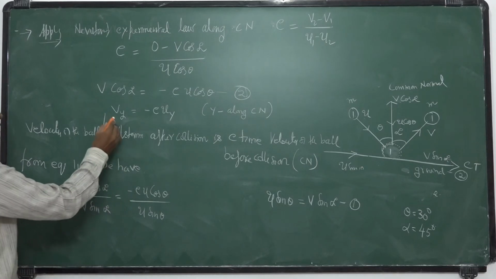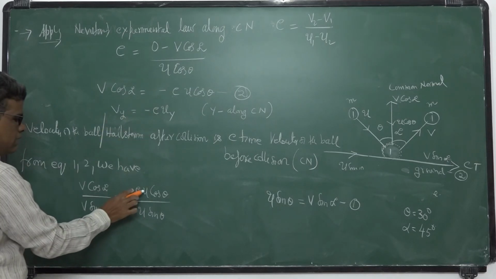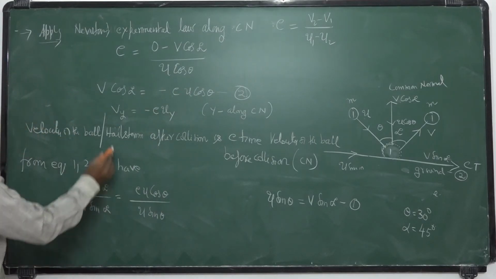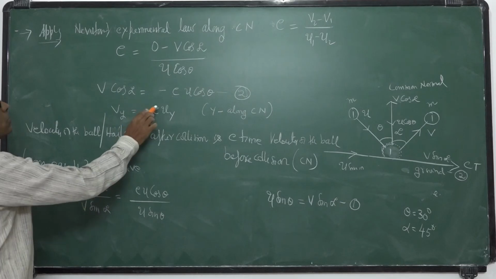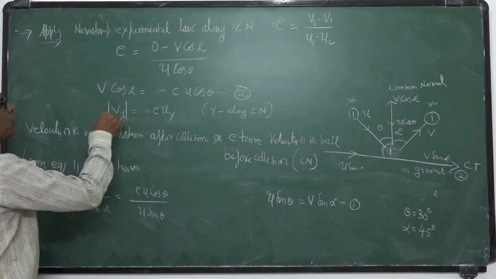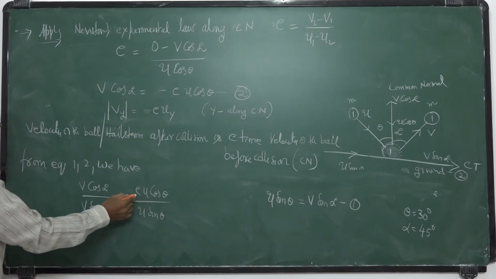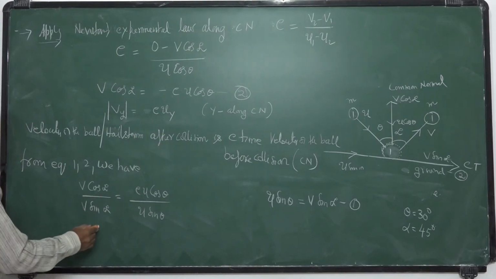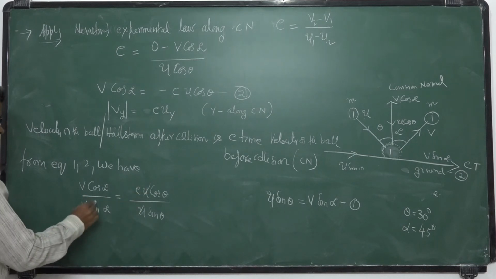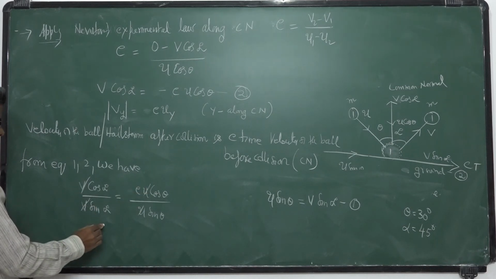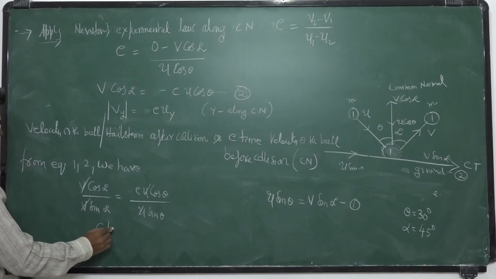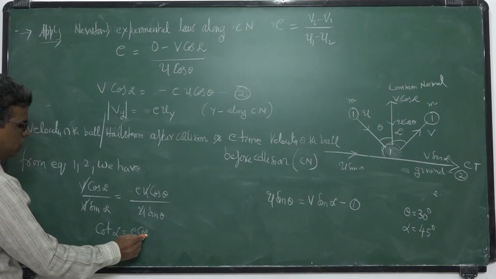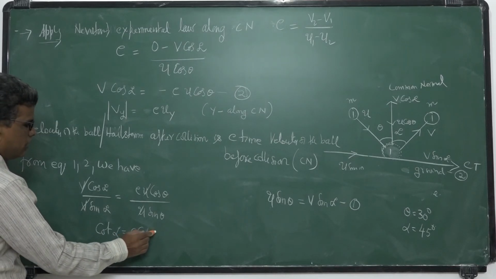Because I want to take the magnitude, I will drop the minus sign. So E times Uy, I will write its magnitude. U gets cancelled, V gets cancelled, and you will get cot alpha is equal to E into cot theta.